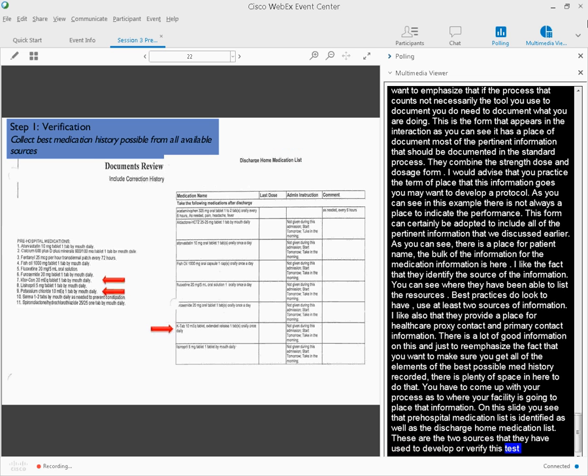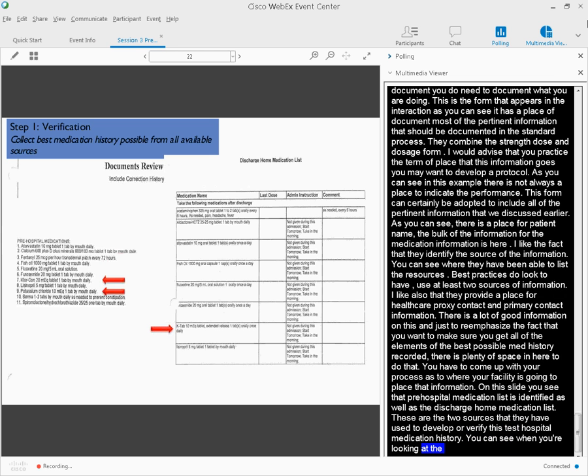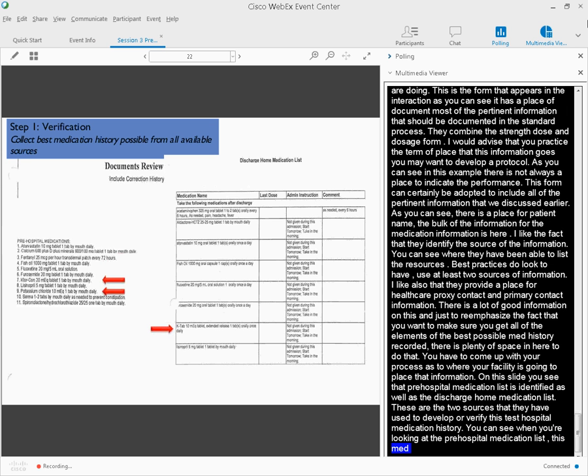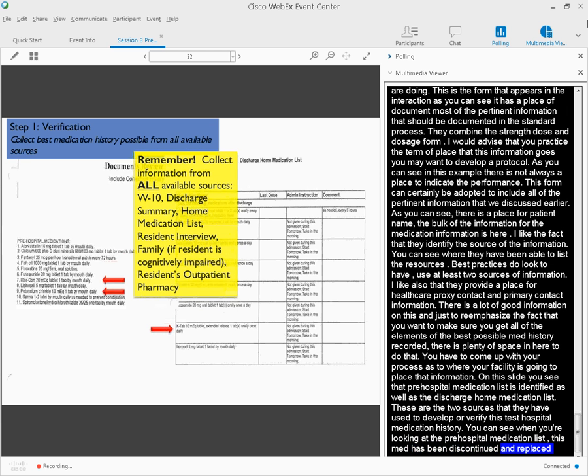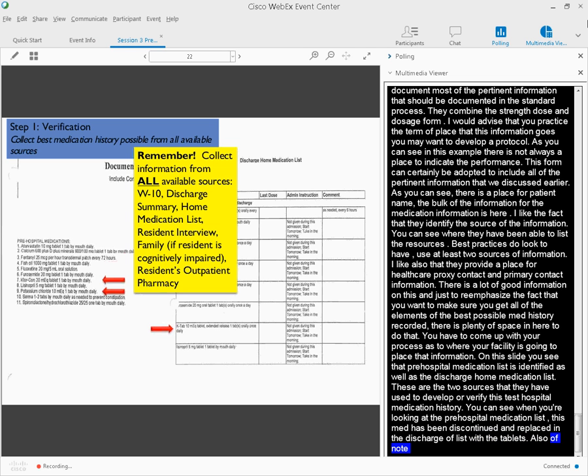So you can see when we're looking at the pre-hospital medication list that Klor-Con 20 milliequivalents has been discontinued, and it's been replaced in the discharge home list with K-Tab. Also of note is that the Klor-Con and potassium chloride both appear in the pre-hospital medication list.